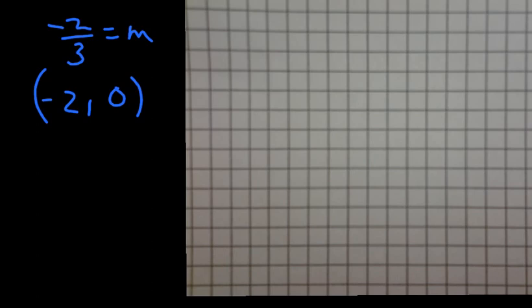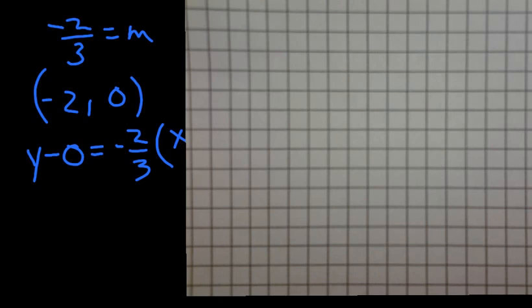And we'll write it in point-slope form. So y minus 0 equals negative 2/3 times x minus negative 2. Okay, now here's something I haven't told you yet because I haven't thought about it.